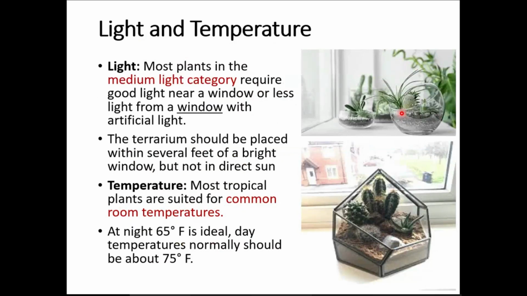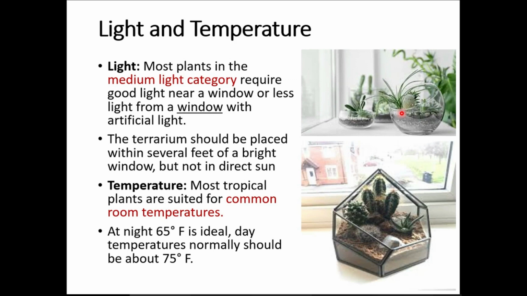After this, maybe you have done everything, but if you keep it in the wrong place, the terrarium won't survive. If it's a shade loving plant, you can put it in the shade. If it is a sun loving plant, you can keep it on the window side, especially where it will get sun. But in the majority of cases, they will grow at room temperature, in a medium light category.